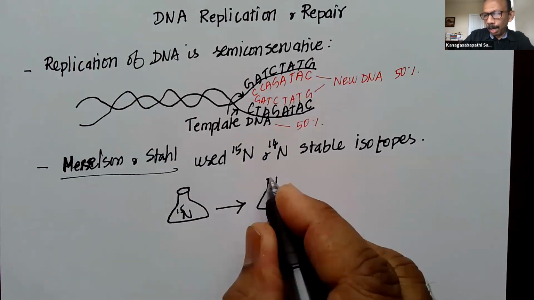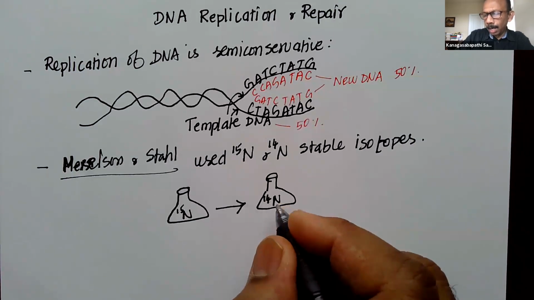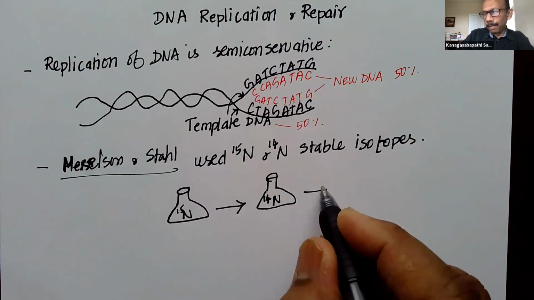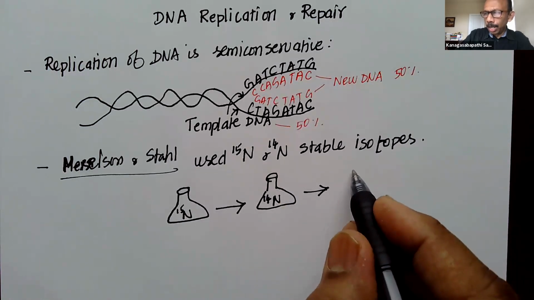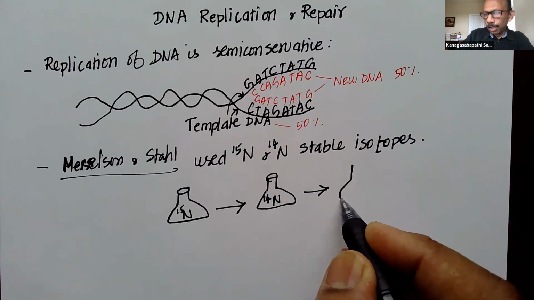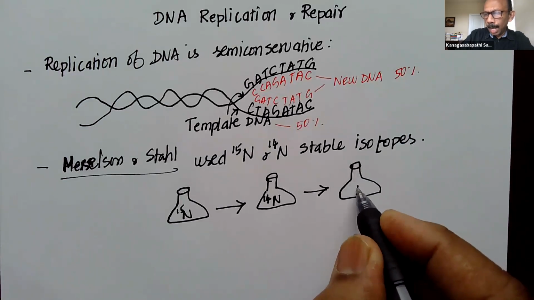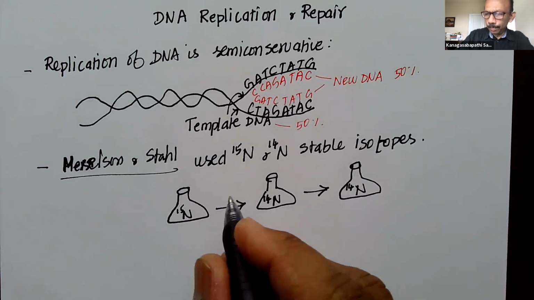So you may wonder, what is the difference of one neutron between N15 and N14? But the DNA has millions or billions or trillions of nitrogens, so it makes a big difference. One neutron times a million or billion will make a big difference.